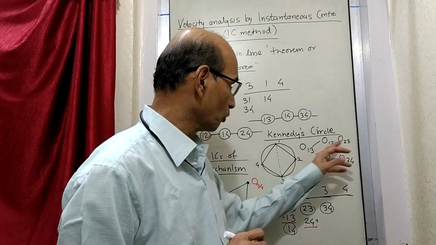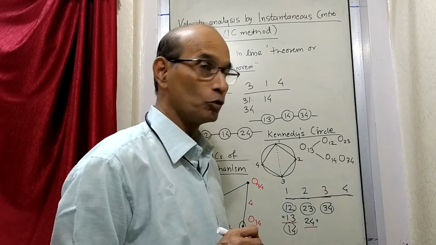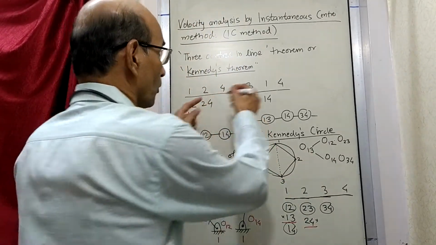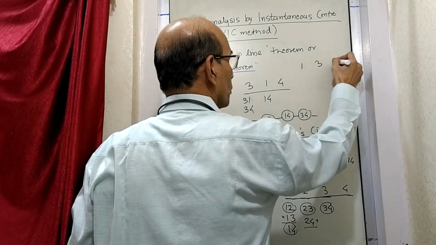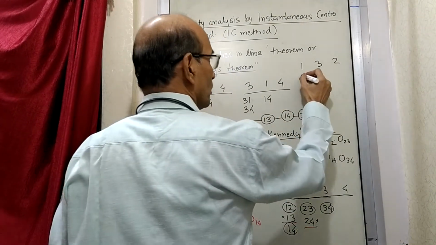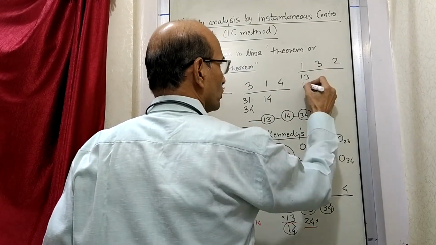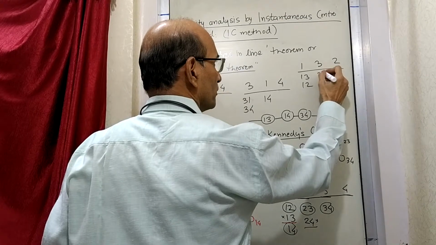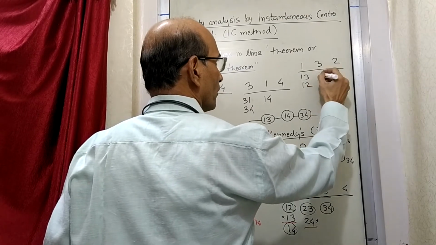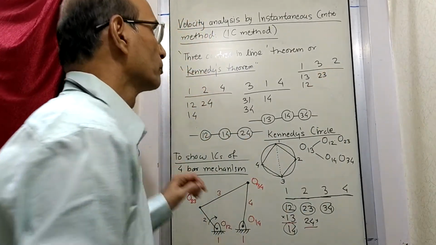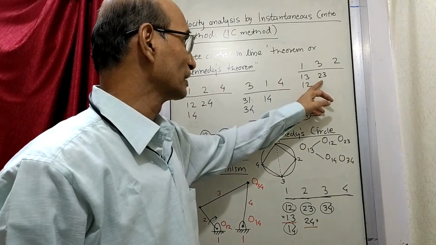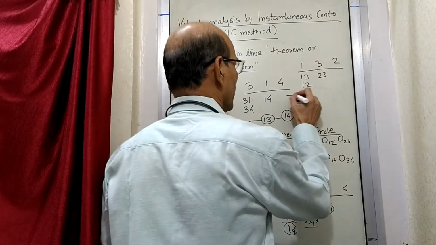What are the numbers involved here? 1, 3 and 2. If I go by this, what are the centers formed? O13, O12 and O23. They are the 3 centers formed which are going to be in one line.